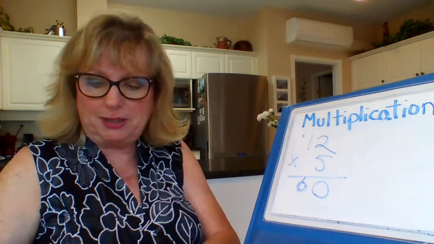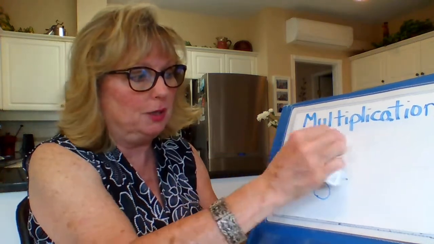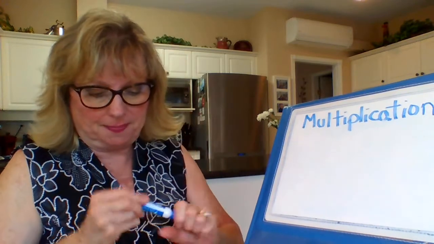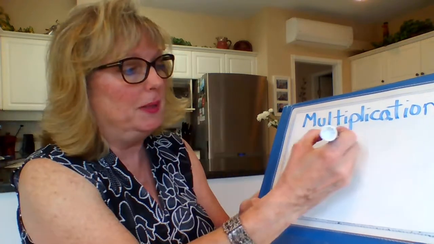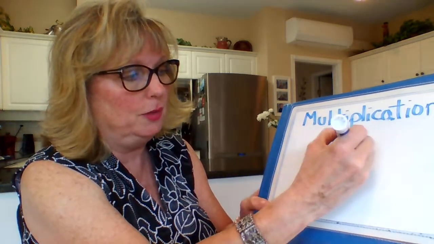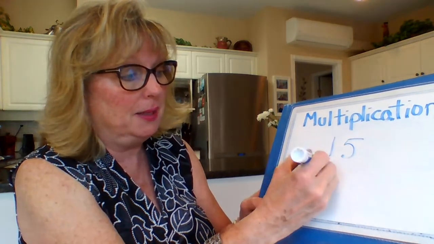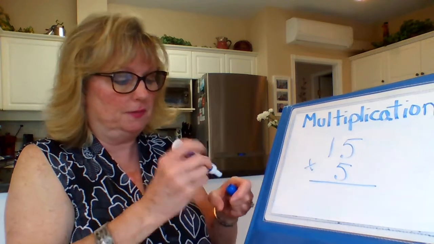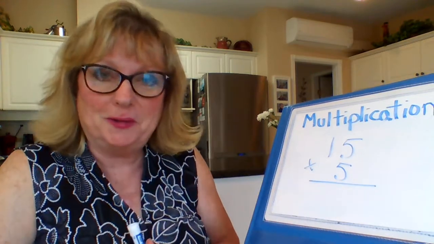Let's see. I'm going to write this down and I want you to work it out first. So we'll have some blank time. Let's pick 15, everybody. So go with 15 times 5. Right? 15 times 5. Work it out for yourself.